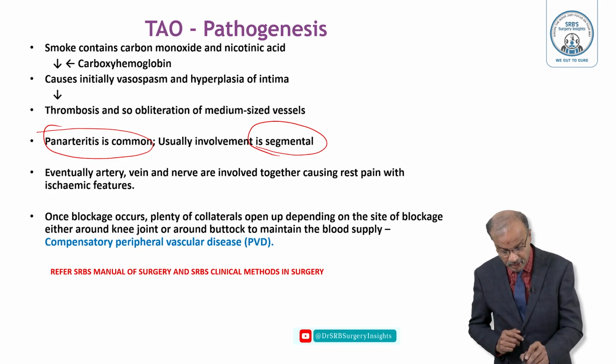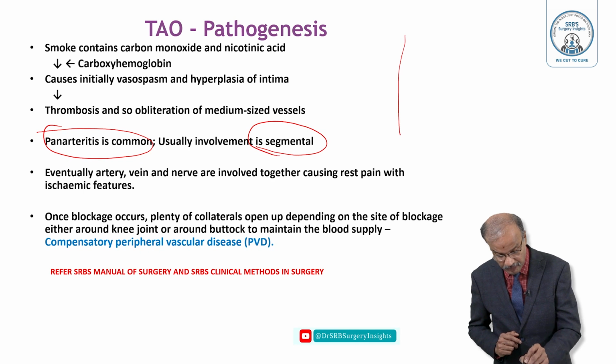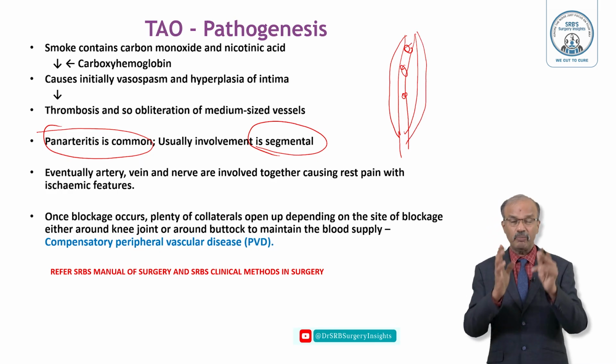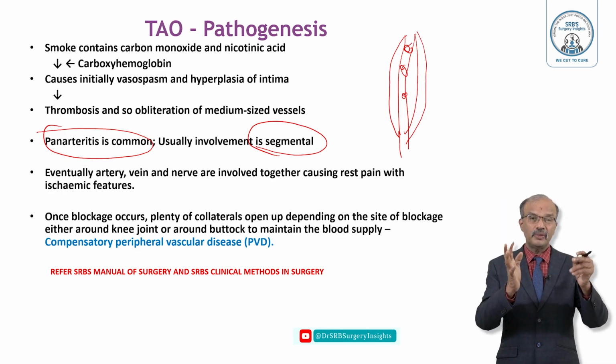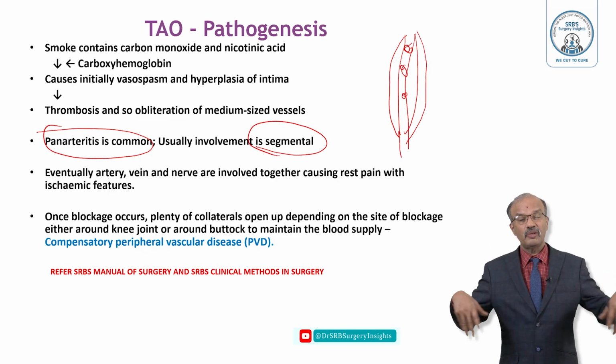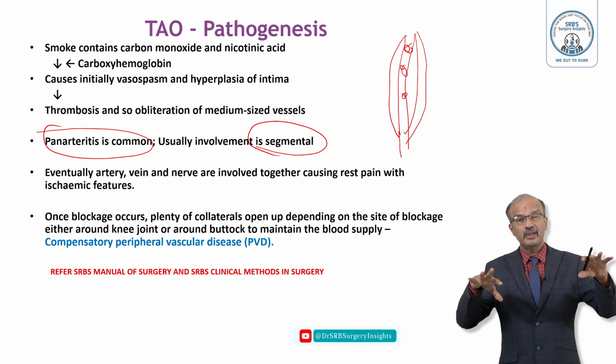Usually, if this is the main vessel, and this is the blockage, I already told, segmental. All people will have collaterals to compensate, like a bypass road it is. If the main highway is blocked, you need to go through the bypass or smaller routes to reach the other side.